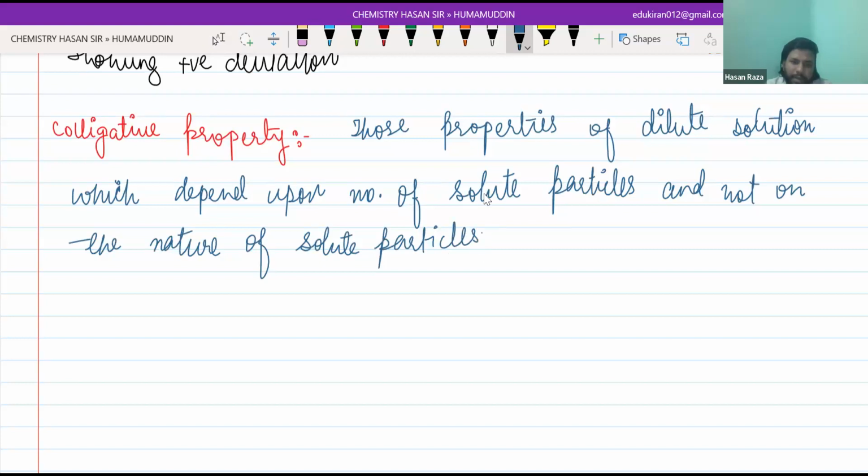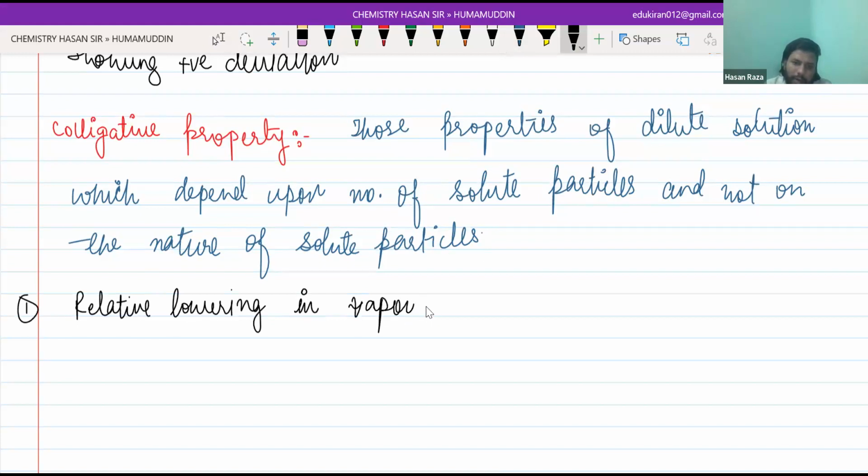That property is known as colligative property. And there are four types of colligative properties. The first one is relative lowering in vapor pressure.